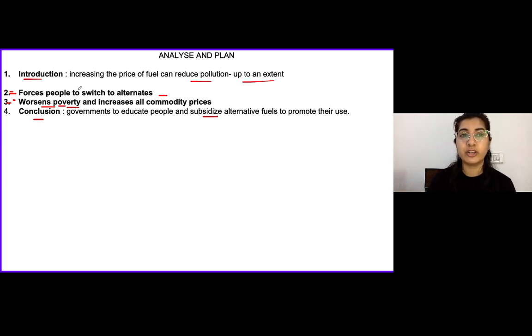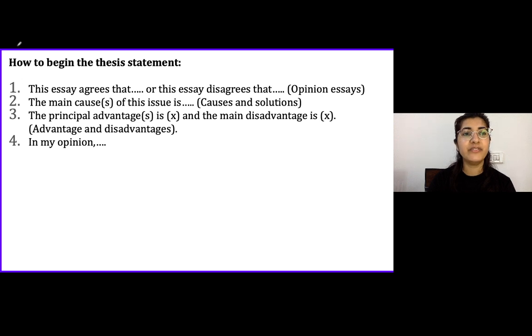Remember, in your conclusion, it is extremely imperative that you write your opinion again. You restate it. So I will restate it in my conclusion as well. All right, then. Remember, if you are still confused on your thesis statement, you can begin it with any of these statements. So right now, I have an opinion essay, which means I can use number 1 or number 4.